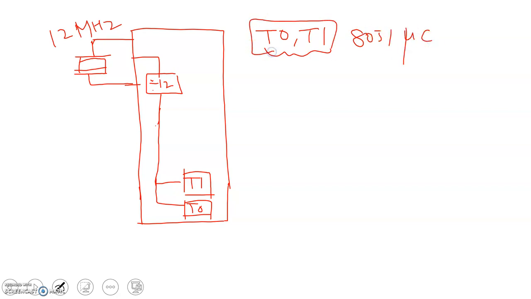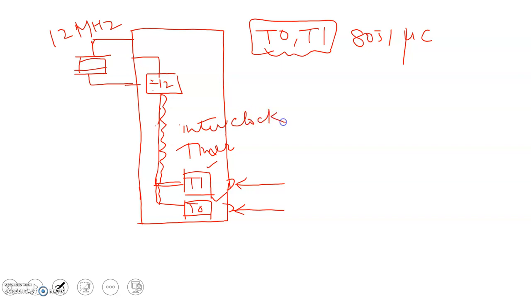These are external pins, so we have external access to T0 and T1 also. The pulses that will be coming from here, if we are using the timers T0 or T1 in timer mode, then we will be using the internal clock pulse. Each pulse will be generated here after 12 pulses have crossed there.